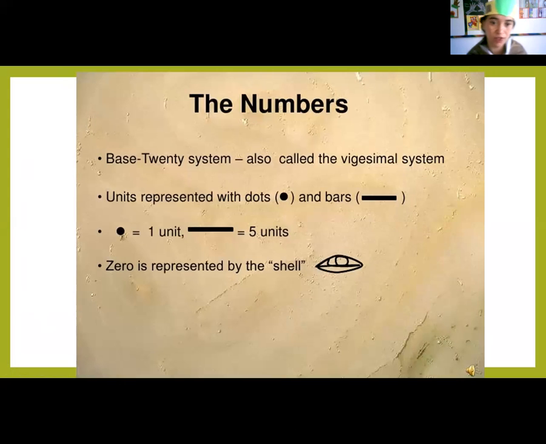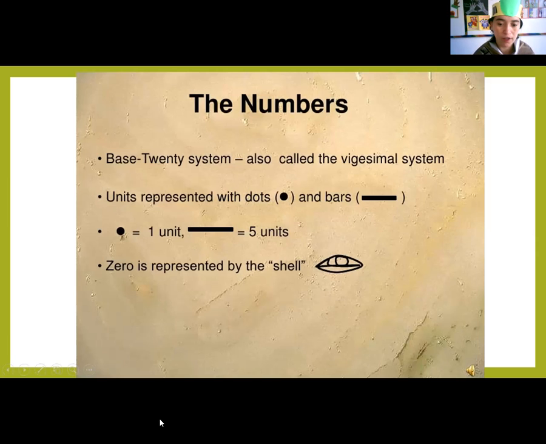They base their system on 20, also called the vigesimal system. They represent numbers with dots and bars. I'm going to explain more about the dots and the bars.